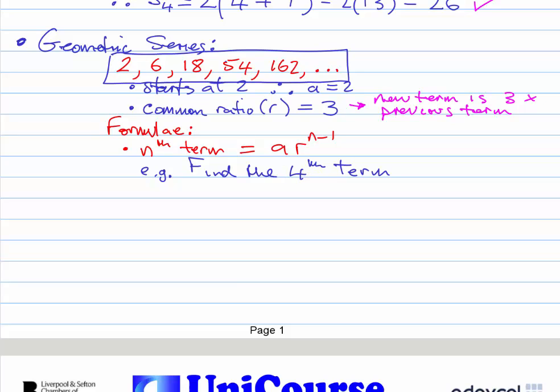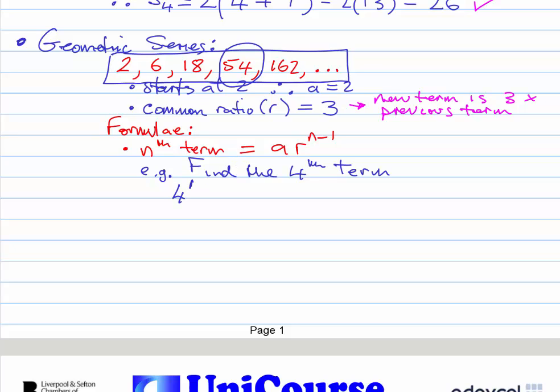Find the fourth term. And we know, of course, there it is sitting there, it's 54. But we could be asked to find the 97th term or the 1,356,000th term. And then you wouldn't sit there and keep on multiplying by 3 each time, you'd be there forever. So that's why you need a formula to help you to ascertain all of these values. So the objective here then is to find that fourth term.